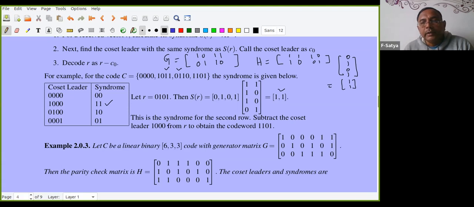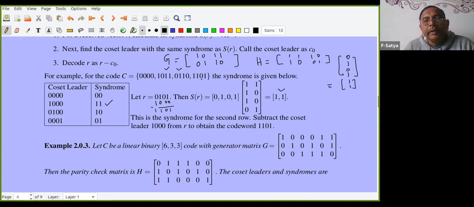Subtracting is the same as adding in binary, so this is 0, this is 1, so this is 1 1 0 1.